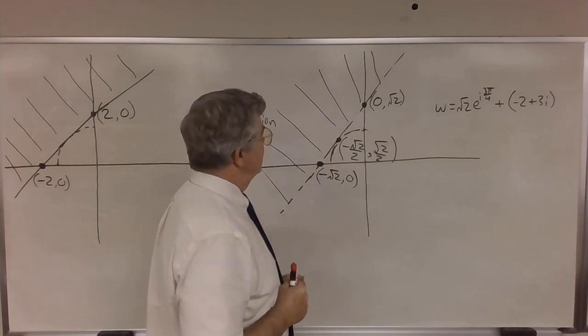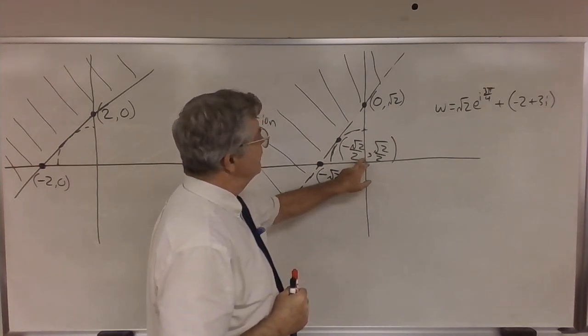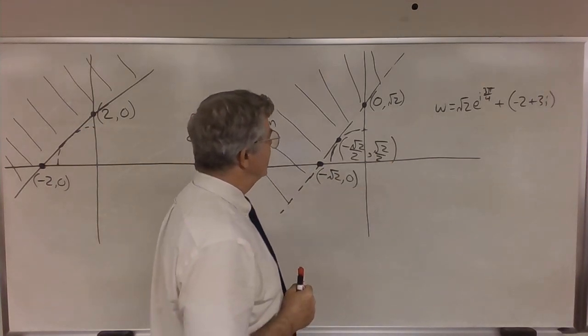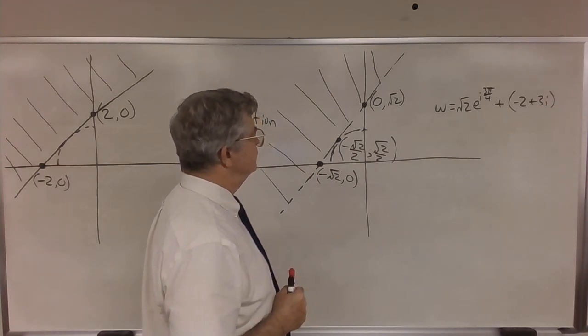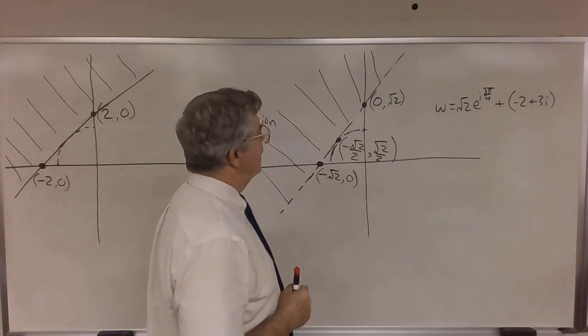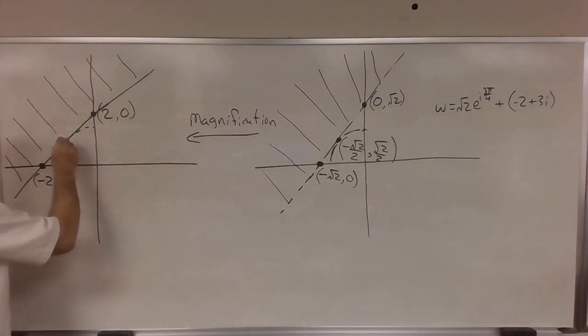And let's see. This point, should I multiply both of these by square root of 2? I think I should. In which case I'll get the point 1, 1, or negative 1, 1.